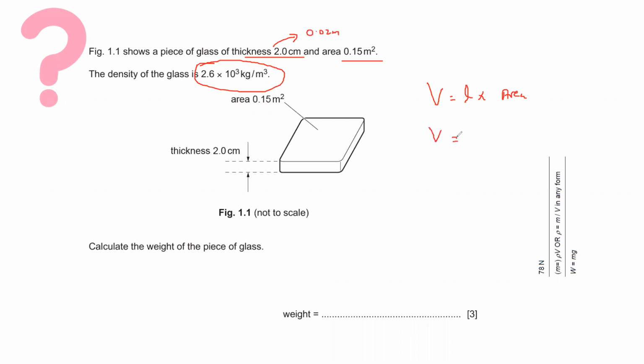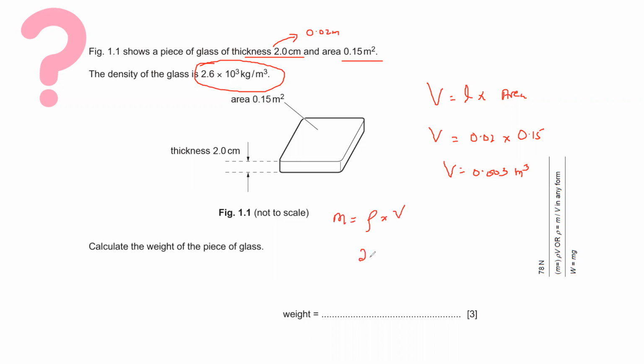So we'll divide by 100, so it will be 0.02 meter. To get the volume, length is 0.02 multiplied by area 0.15. 0.02 multiplied by 0.15 gives us 0.003 meter cube. That's the volume. First, we'll find the mass. Mass is density multiplied by volume.